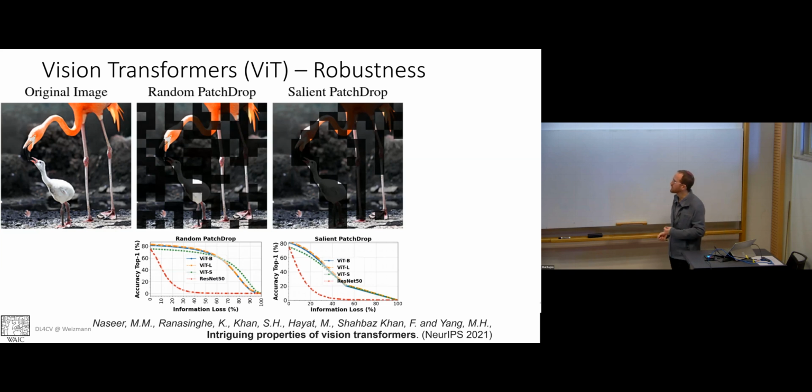If we actually do this adversarially and drop the significant patches, then even the transformers are hit by this drop very rapidly, but not as fast as the convolutional neural network.